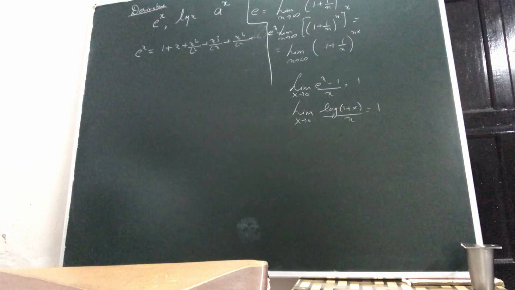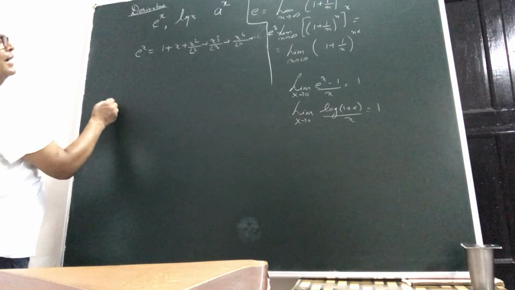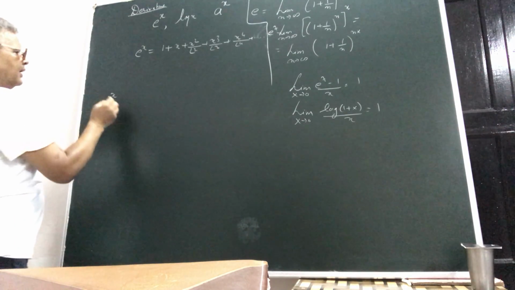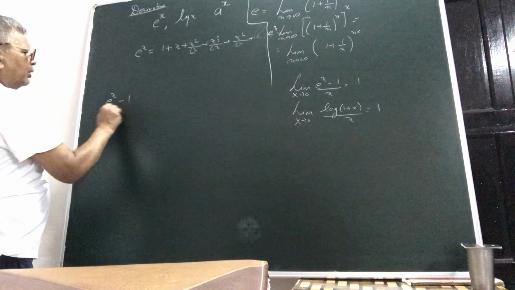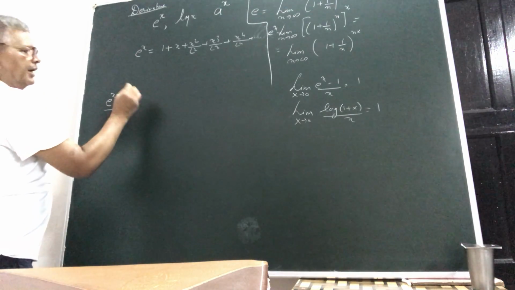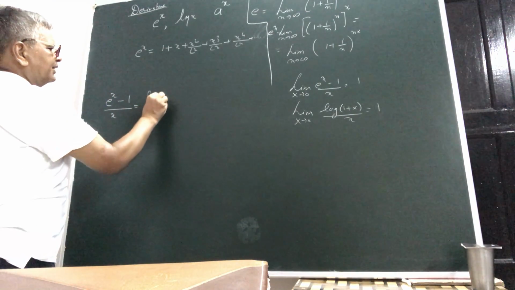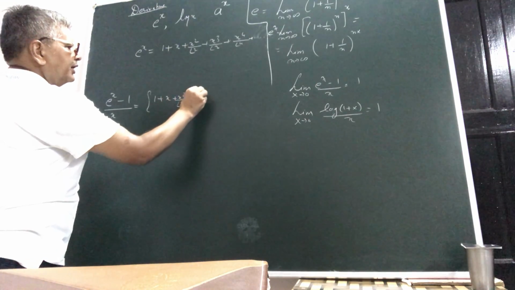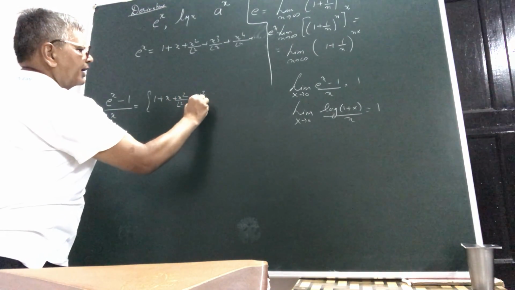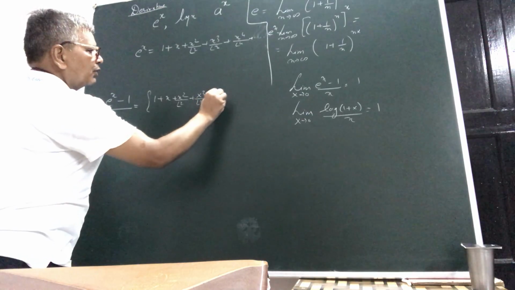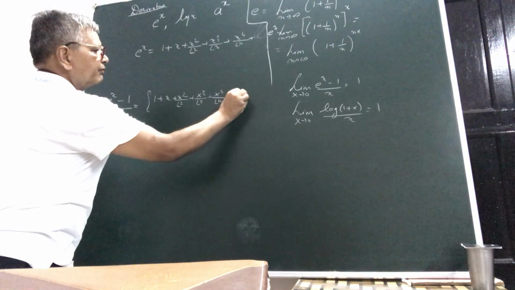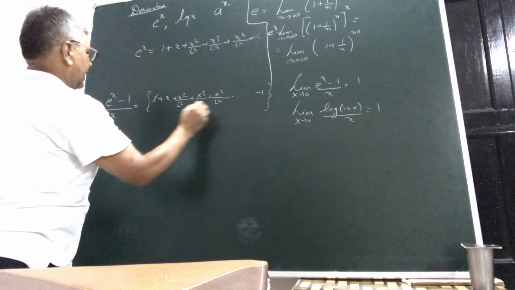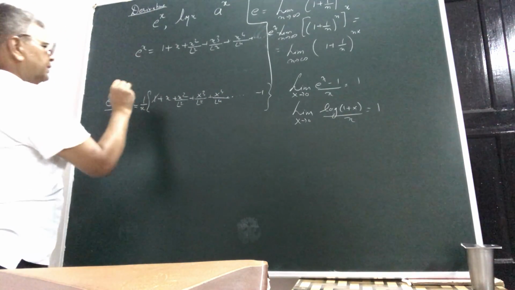The reason is that for e raised to power x minus 1 upon x, let us simplify it. It will be 1 plus x plus x square upon factorial 2 plus x cube upon factorial 3 plus x4 upon factorial 4 plus so on to infinity, and then minus 1, all upon x.